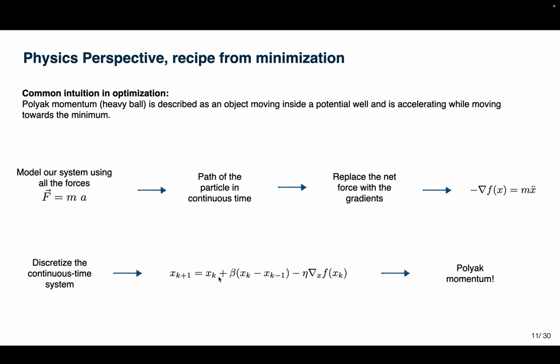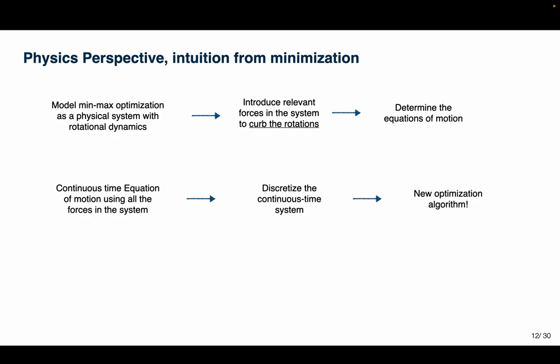algorithm. So this is very interesting, and what we wanted to do was to have the same understanding for game optimization. So we basically followed the same recipe. We started by modeling min-max optimization as a physical system, and the important point here was that we wanted to see the rotational dynamics in this physical system as well.